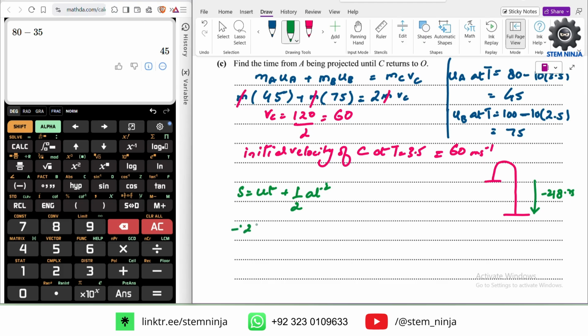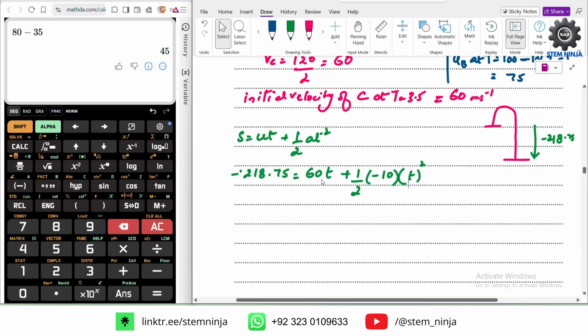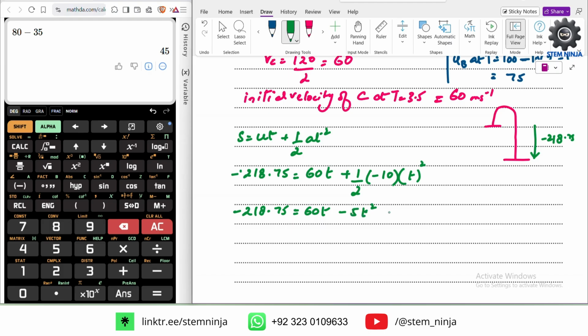So minus 218.75 equals 60t minus half of 10 t squared, which is 60t minus 5t squared.